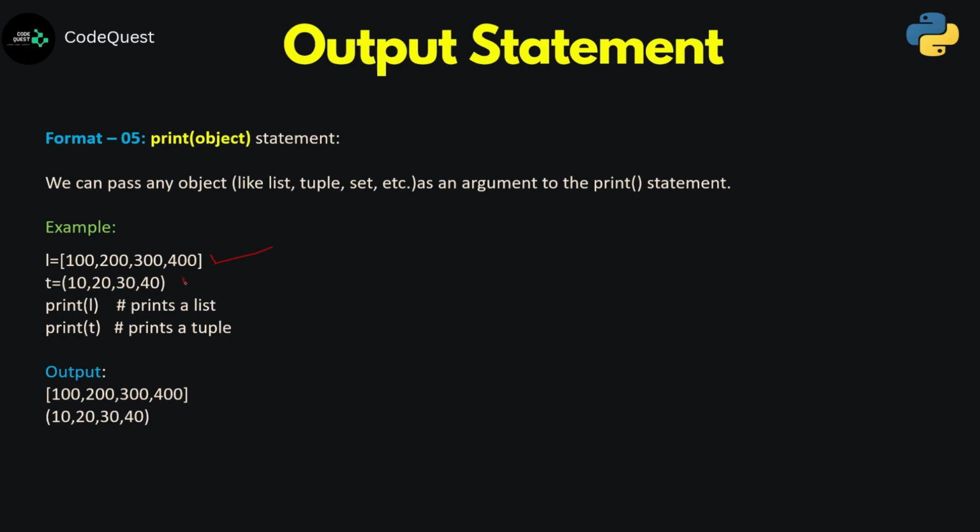Similarly, this is a tuple holding four values. Along with print, I am passing the name of this list, that is L, and with the other print I am passing the other object, that is the tuple. As a result, we get the objects we have passed as arguments, and the corresponding values are displayed here.